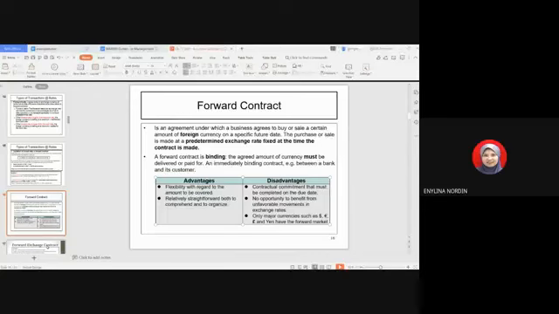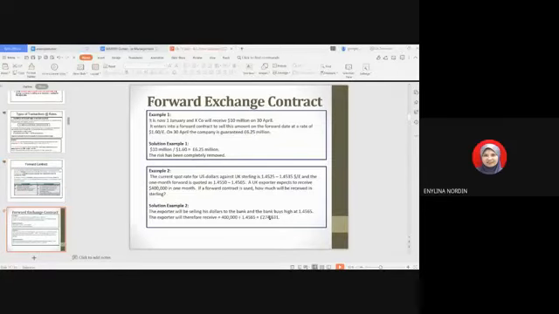So this is the example of the forward exchange contract. Let's say it is now 1st January, and the company will receive $10 million on 30th April, in 3 months' time.